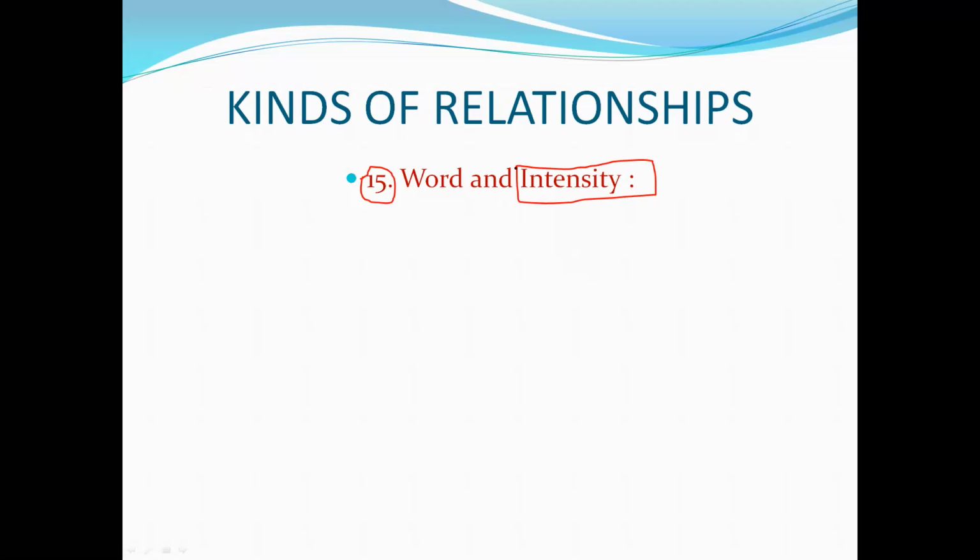So the first example here is anger and rage. If you think anger and rage are synonyms, they are not synonyms at all. Anger is a word, or a feeling, but its extreme highest point will be conveyed by the word rage.